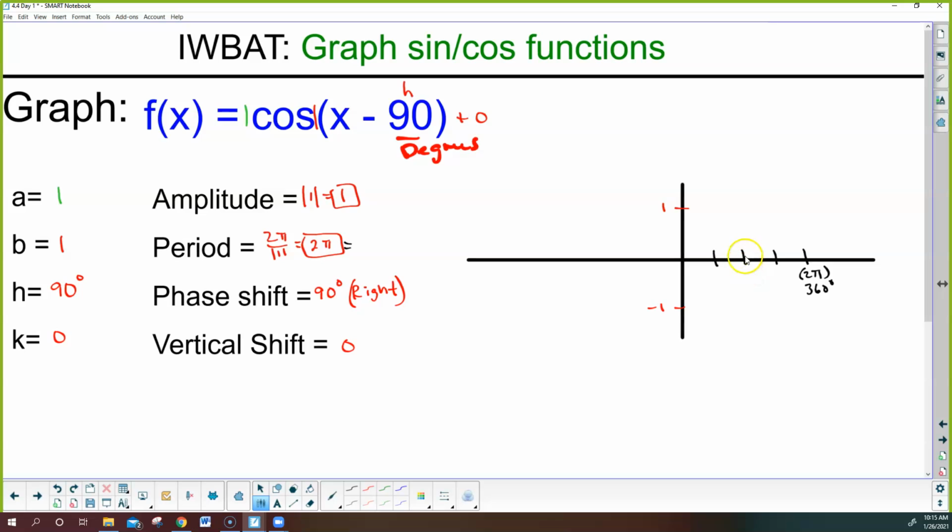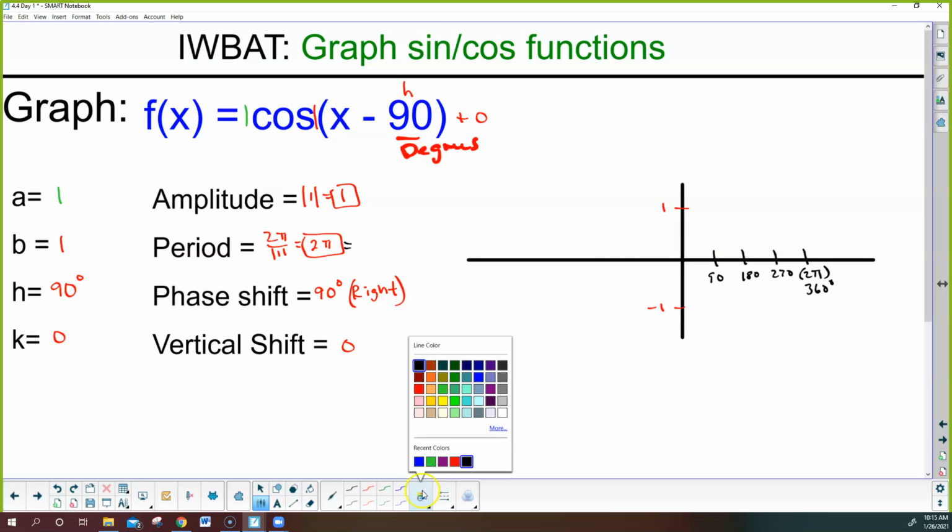And then what if I cut 360 in half? That's 180. What if I cut 180 in half? That's 90. What if I cut the middle between 360 and 180 is 260. So we still have those 4 tick marks. And I still have my max line.